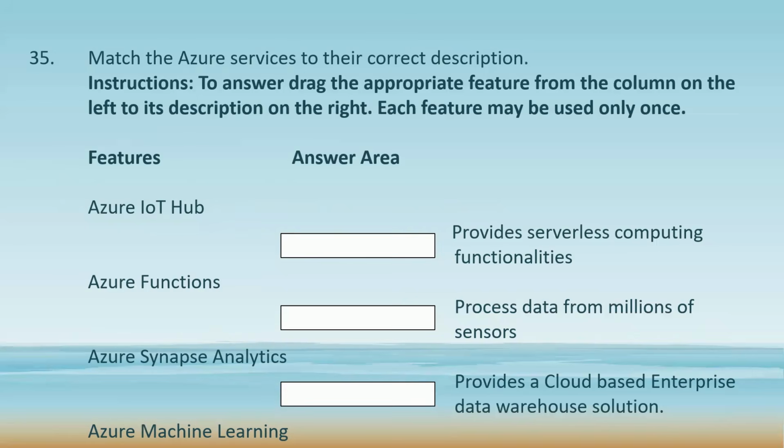And in the answer area, you have 3 statements. The first one is provides serverless computing functionalities. Second one is process data from millions of sensors. And the third one is provides a cloud-based enterprise data warehouse solution. Now, again, give a pause here and try to think the answers before you see the solution.